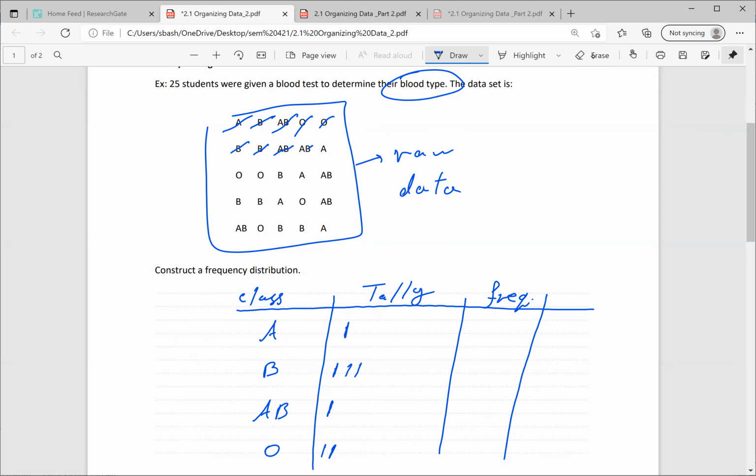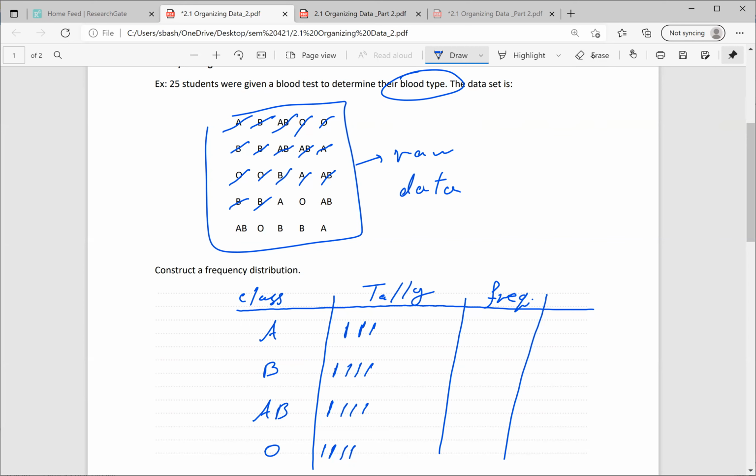I have A, B, so this is 2 for B, and 1 bar for A, 2 for O, so these are 2. I have 1 B, 1 A, doing it like this to go through all the data and not miss any of them. 2 B. Now for B, I have 4 bars.